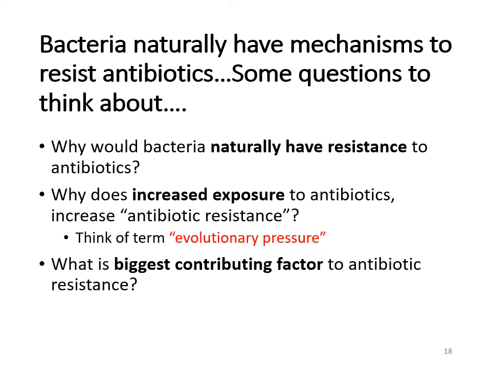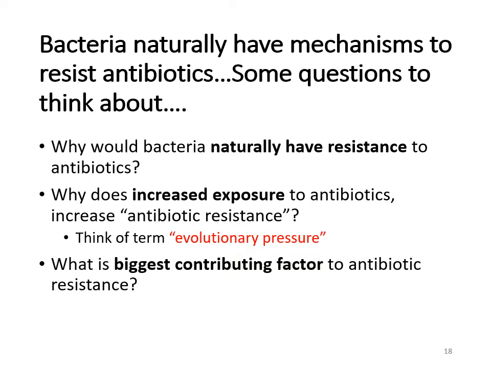antibiotic resistance, for a bacteria to have that, is only an advantage if the antibiotic is present, right? If the antibiotic is not present, then there's nothing that bacteria would ever notice. So the more antibiotics that you pump into the incorrect people, the more advantage the resistant bacteria will have.